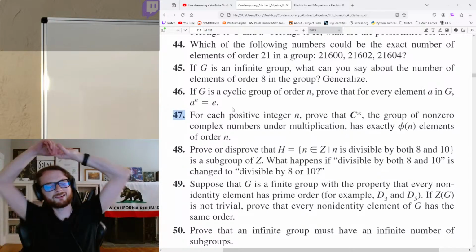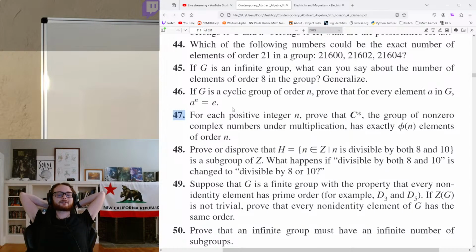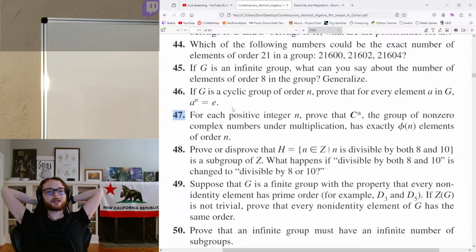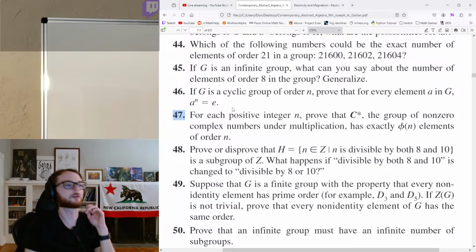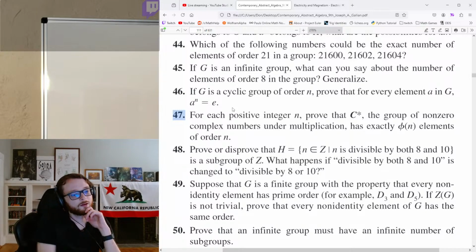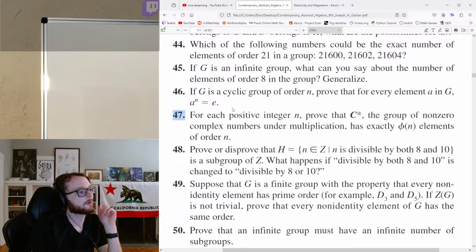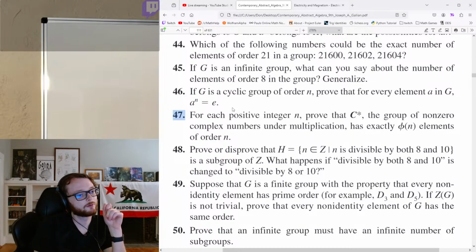So what are we going to say as a proof here? If we have, for any given n, this isn't going to match with phi of n. The way that I'm thinking, x to the n equals 1 has n many solutions.